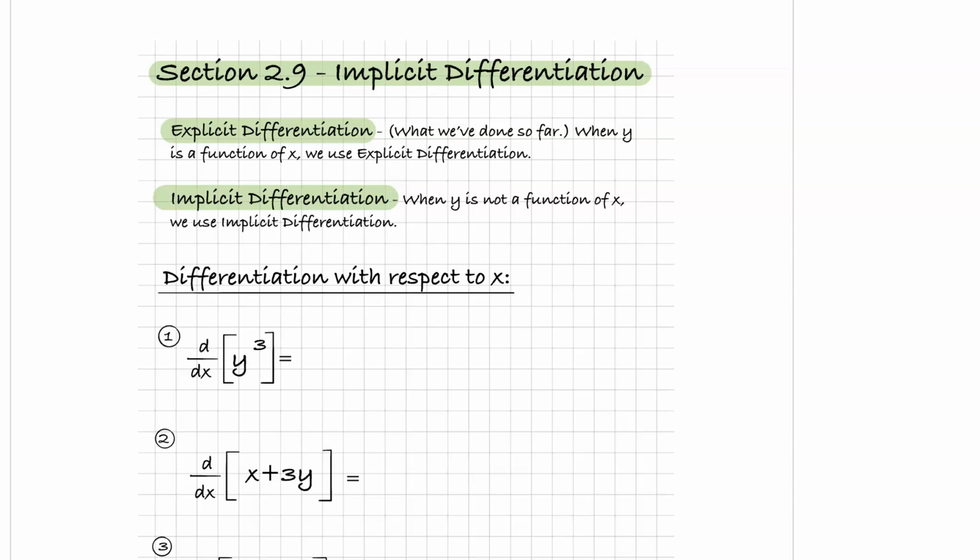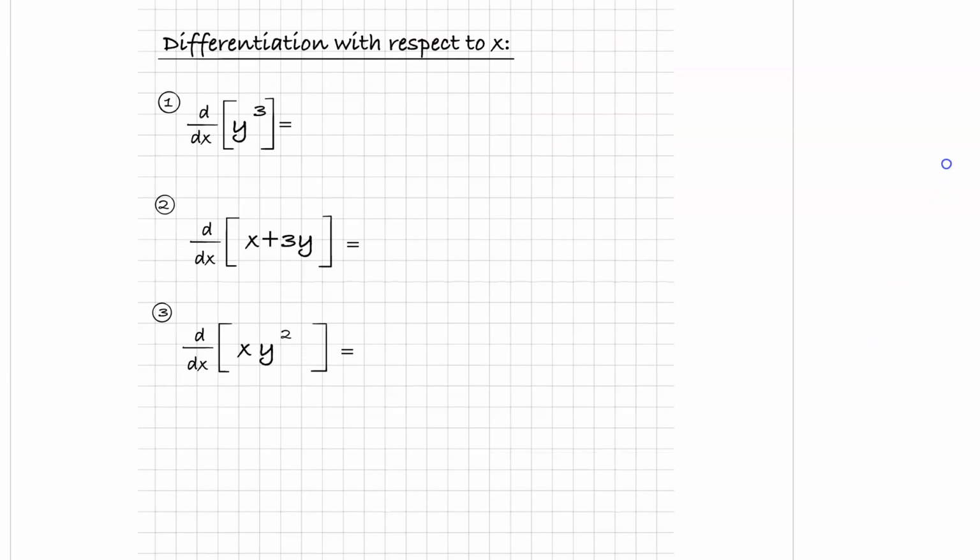And so what we're going to be doing is taking the differentiation with respect to x. You saw in the previous section that we were doing it with respect to time, and you saw some fractions appearing. Same is going to be here, but in a less complicated situation. So the first equation says, let's take the derivative with respect to x of y cubed.